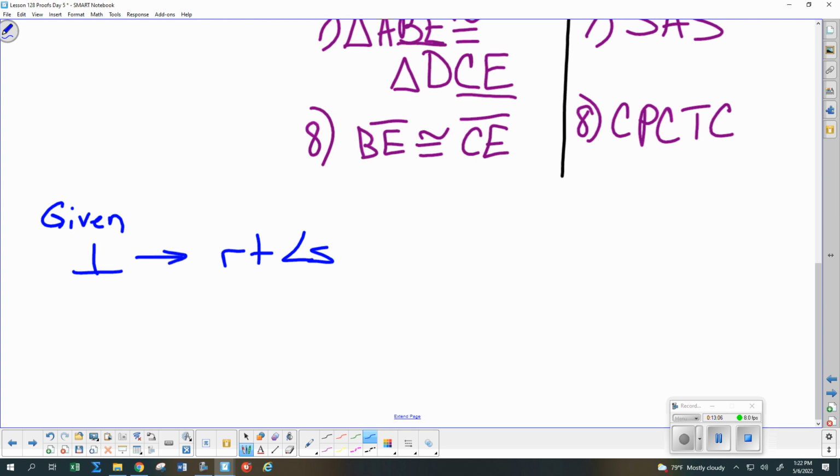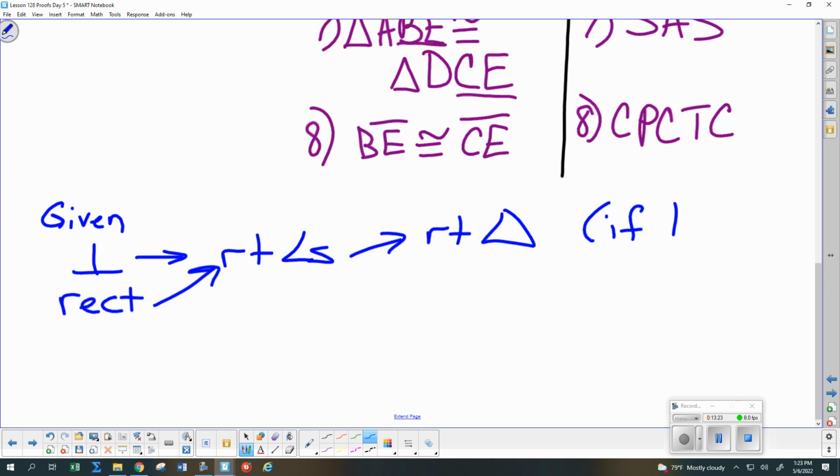If you have a given that you have a rectangle, you can say that you have right angles. Now, you may want to say you have right triangles if you're wanting to end up using HL, because then your proof has to say right triangles, congruent legs, congruent hypotenuses.